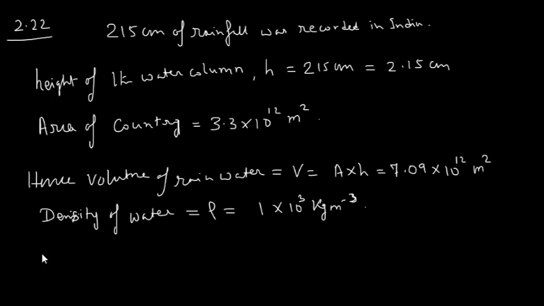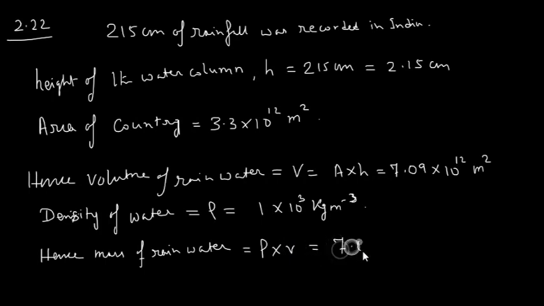Hence mass of rainwater is equal to rho into V, which is equal to 7.09 into 10 to the power 15 kg.